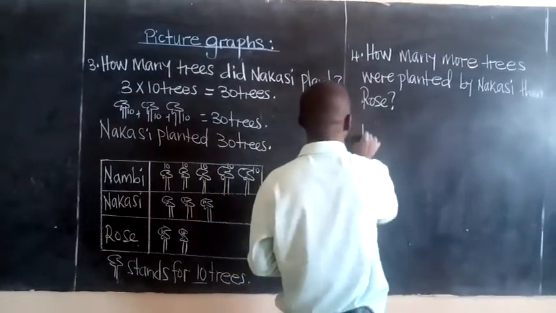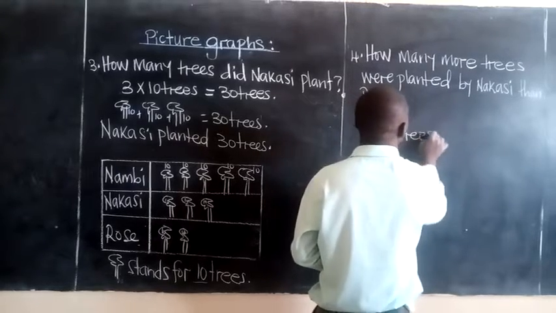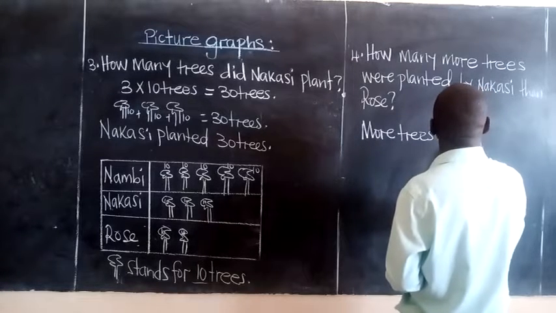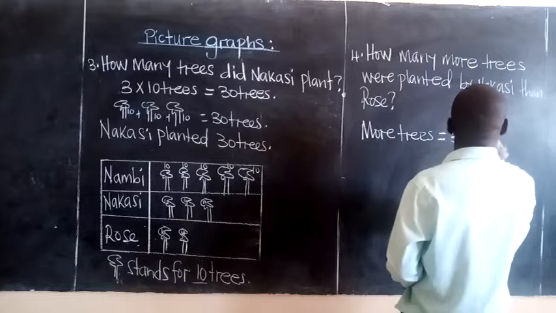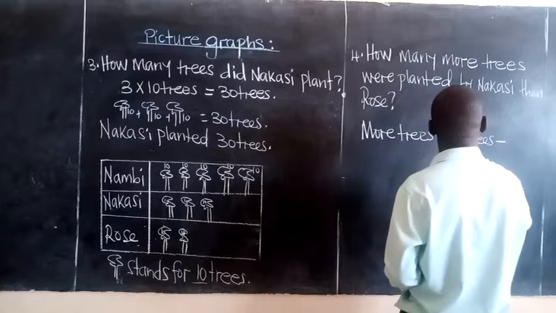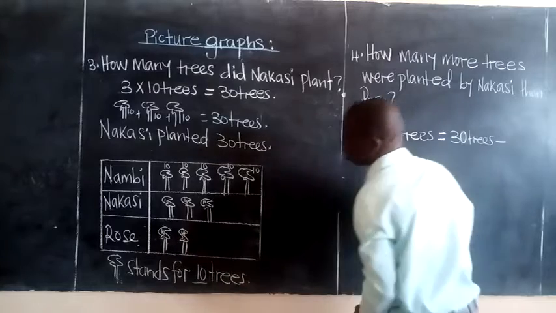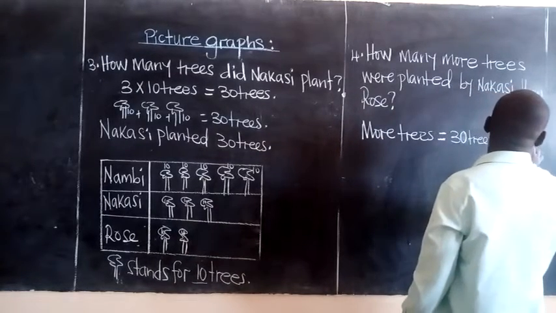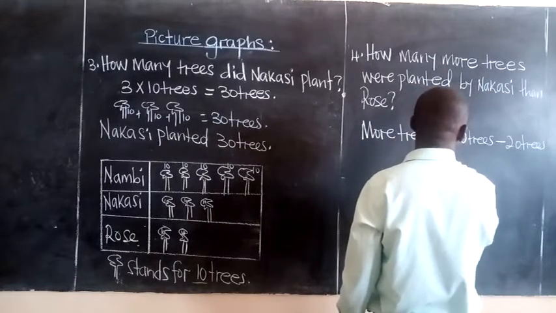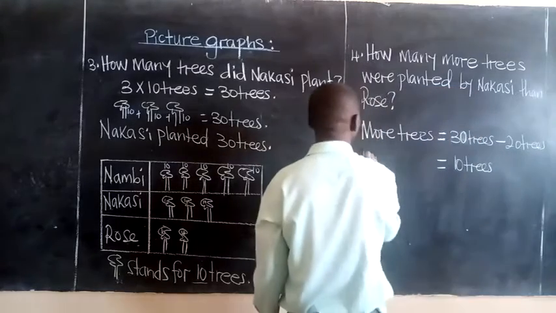So you will begin by saying more trees equals the 30 trees planted by Nakasi. 30 trees, take away how many Rose planted? 1, 2, that is 10, 20. 20 trees. And more trees equals 10 trees. Those are the more trees.